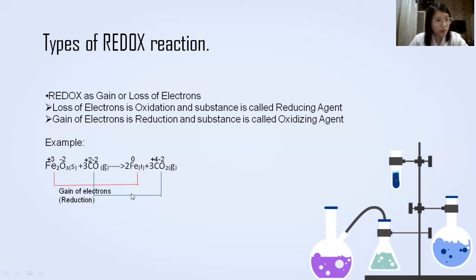This means it gets less close to negative, and it means it lost electrons. So it will experience oxidation. For this reaction, the reducing agent will be carbon monoxide and the oxidizing agent will be ferric oxide.